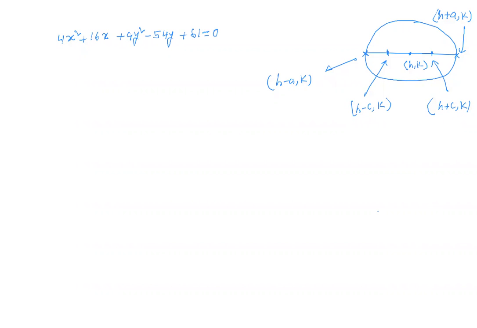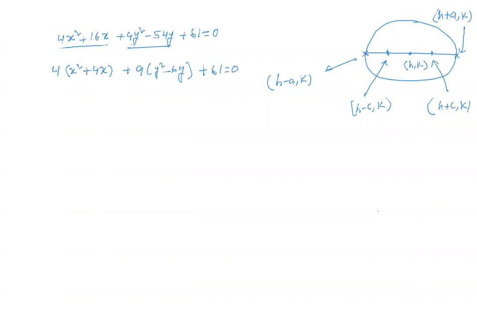So what I could do is factor out a 4 here. If I factor out 4, I get x squared plus 4x. If I factor out a 9 there, I get y squared minus 6y plus 61 is equal to 0.